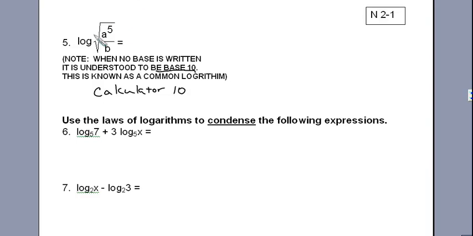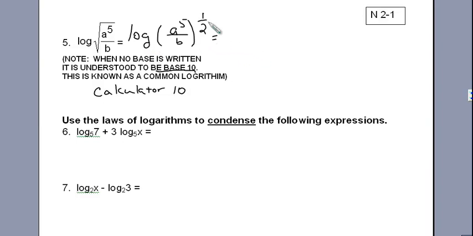If you remember, the square root is to the 1/2 power, so we can rewrite this as log of a to the 5th over b, all raised to the 1/2 power, because we're taking the square root of all of that.